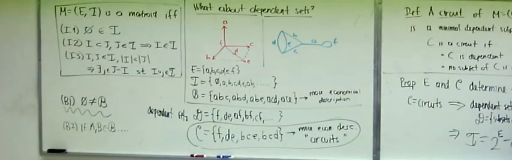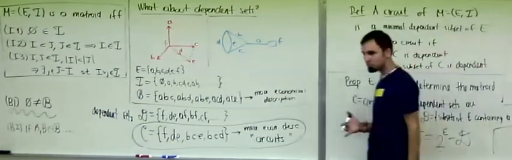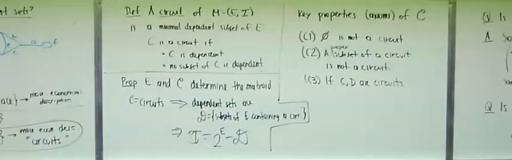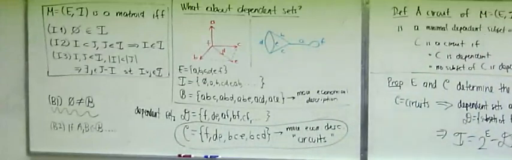So if C and D are circuits, how can I build another one? We saw how to do it for independent sets. We saw how to do it for bases. And now we need a little bit of a flash of inspiration to think of how can you make circuits from circuits.